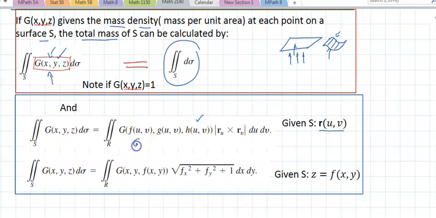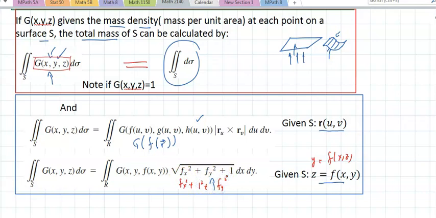This is nothing more than g of r, so to speak. And here, if I'm given z equal f of x, y, that would be the actual formula. You could be given y equal a function of x and z, and that will become f sub x squared plus 1 plus f sub z squared.